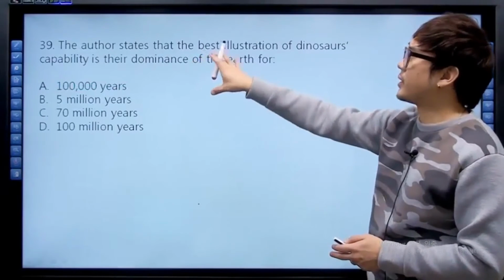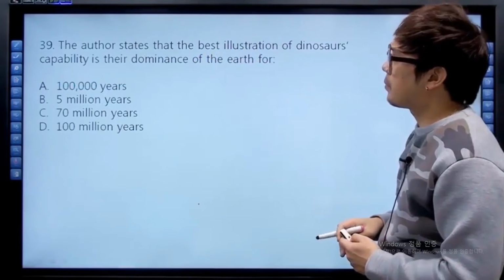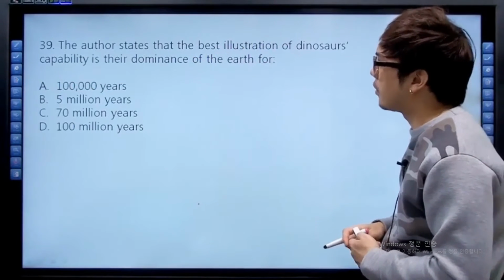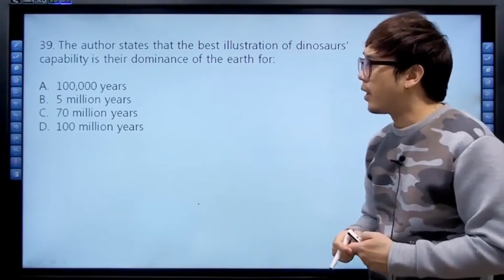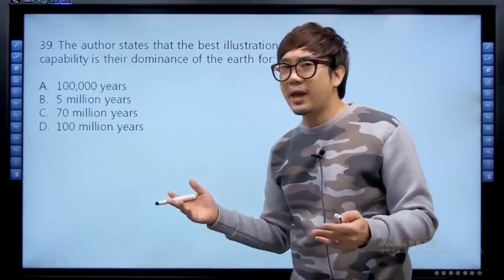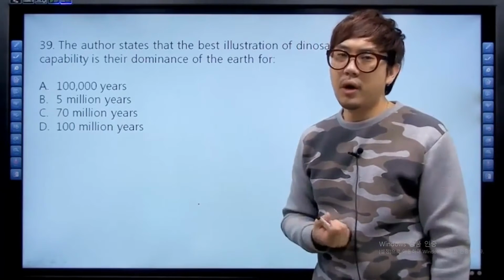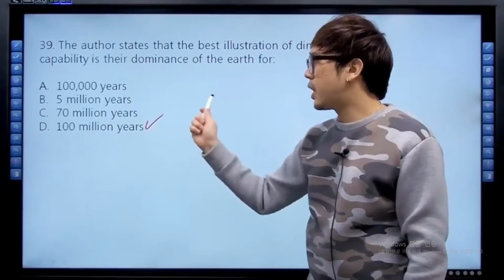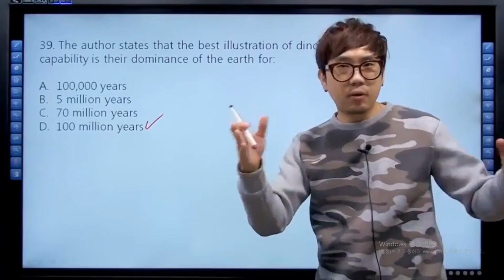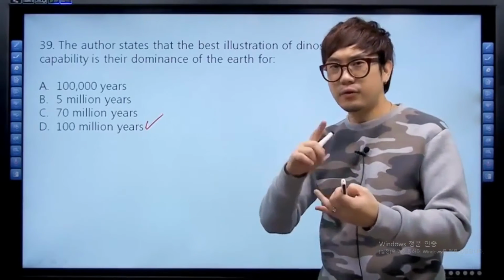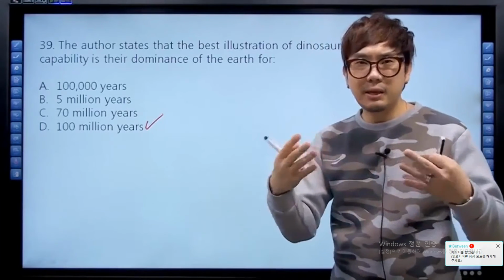The author states that the best illustration of dinosaurs' capability is their dominance of the earth for how long? You can definitely tell it has to be millions and millions of years. If you have the background knowledge, you would choose 100 million years right away. Think about Triassic, Jurassic, all these epochs and eras.